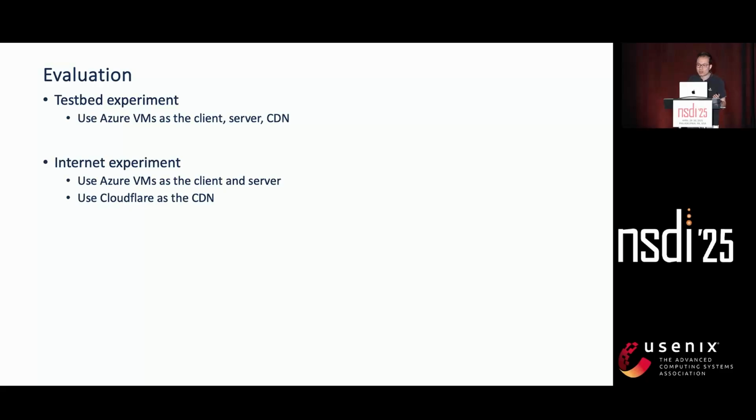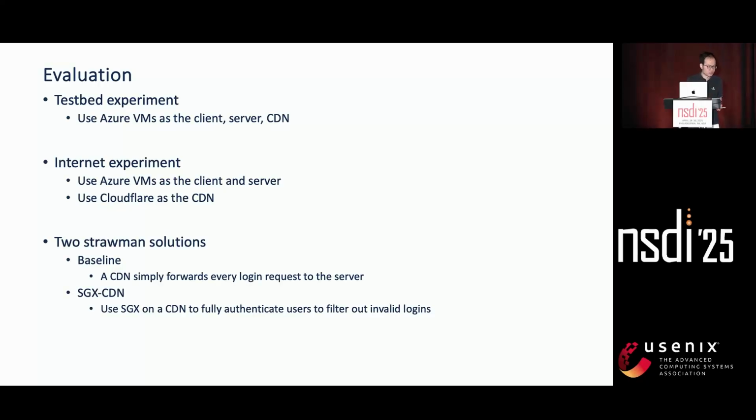And we also compare our solution with two strawman solutions. One is the baseline, in which a CDN simply forwards every login request to the server. This is the current practice. Another solution is called SGX CDN. It means that we use SGX on the CDN to fully authenticate the user to filter out those invalid logins.